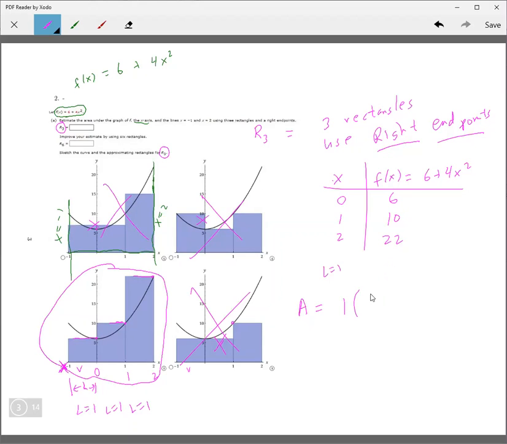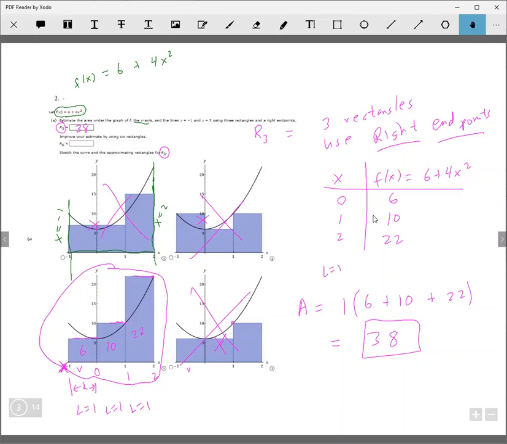And so then you take the height of the rectangles. 1 times 6 is the area of the first one. 1 times 10 is the area of the second one. And 1 times 22 is the area of the third one. So you add those together, you get 38. That's 38.